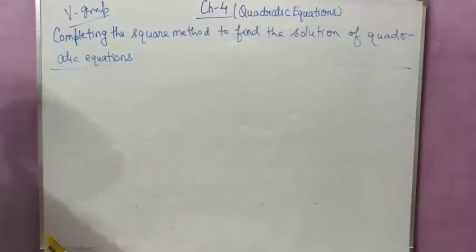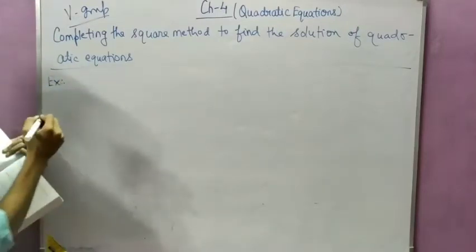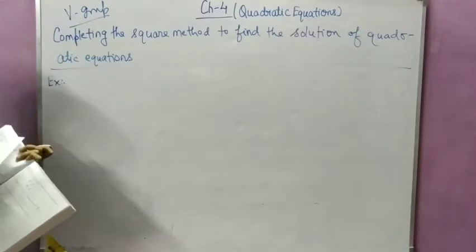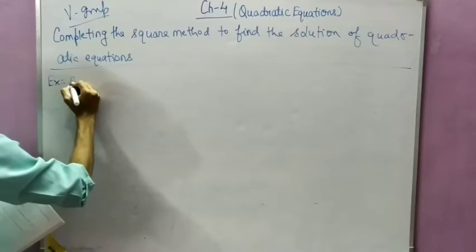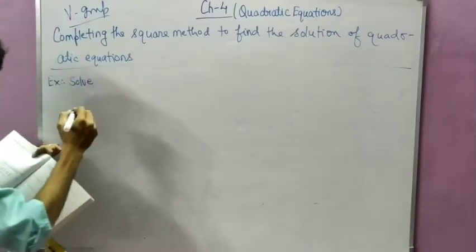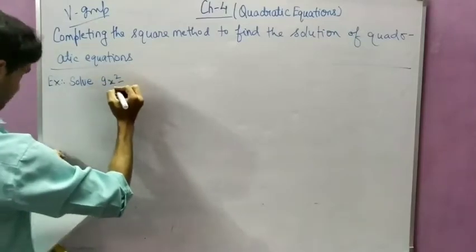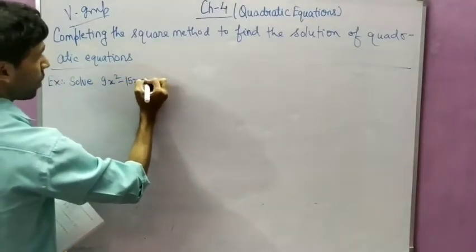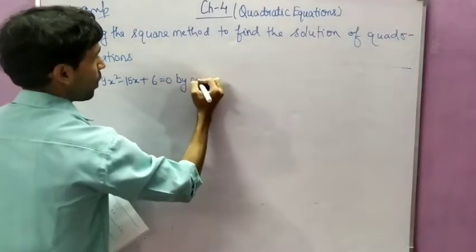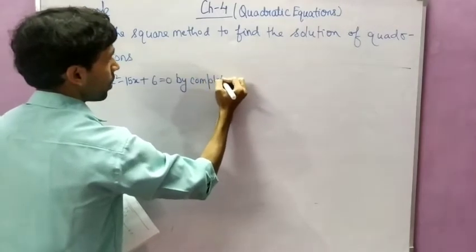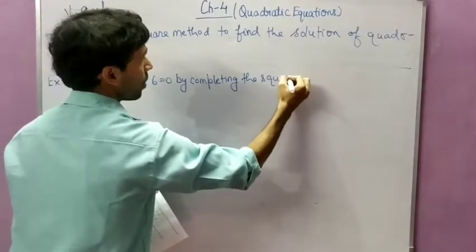Now, suppose one example is there. Solve 9x square minus 15x plus 6 equal to 0 by the completing the square method.